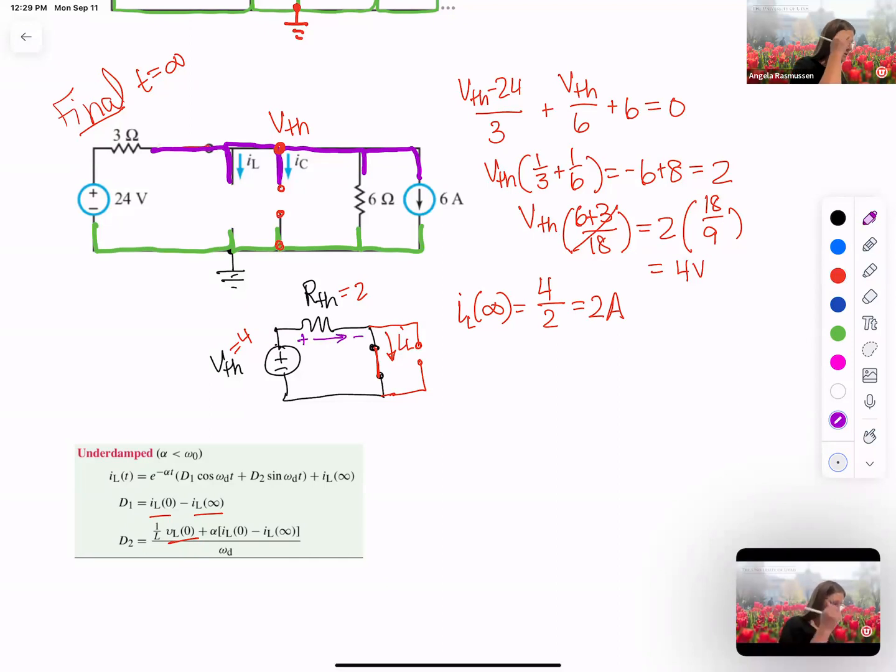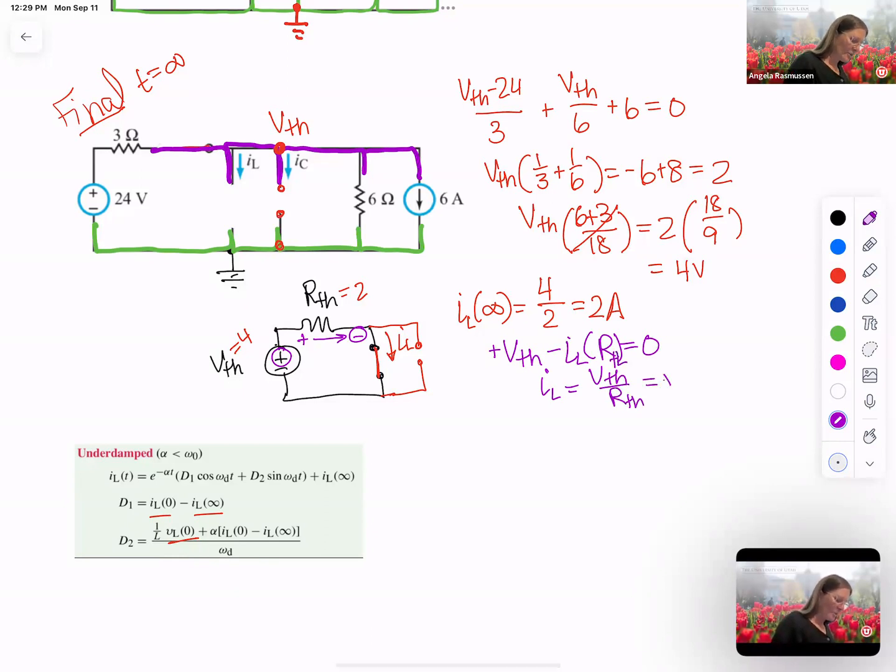With it labeled in this direction, I can do a quick loop to see that that's going to be plus VTH and then minus IL times R. And so that will give me a positive value for IL. So it is a positive 2.